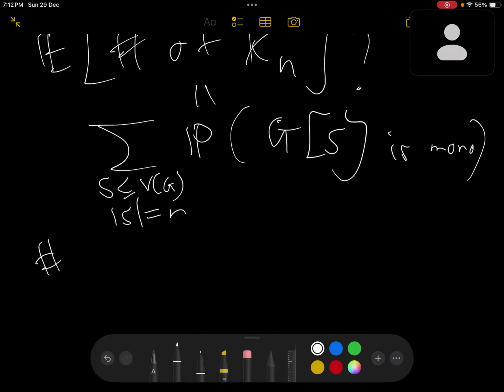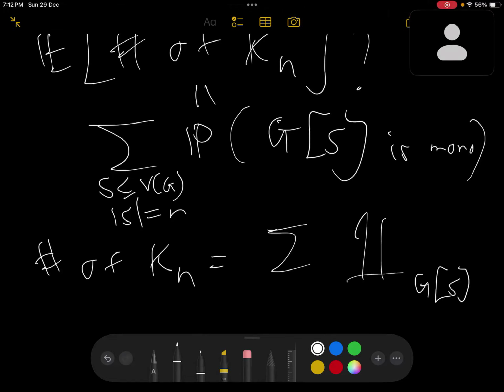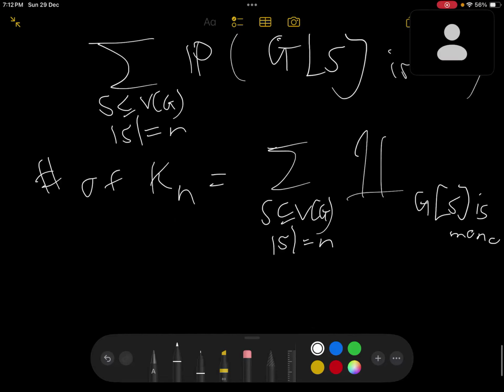I can give a slightly expanded version of this. This is a summation, where 1 is the indicator variable. So 1 will be 1 when G_S is mono, and it would be 0 when G_S is bichromatic.